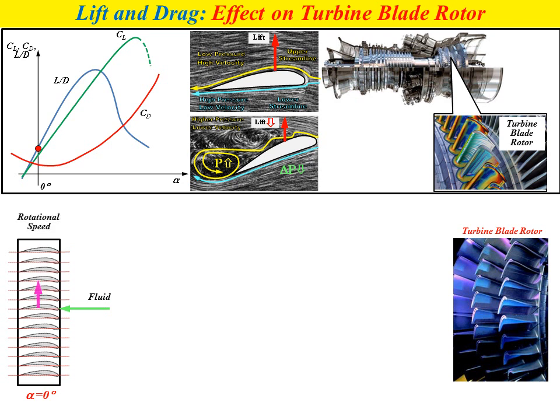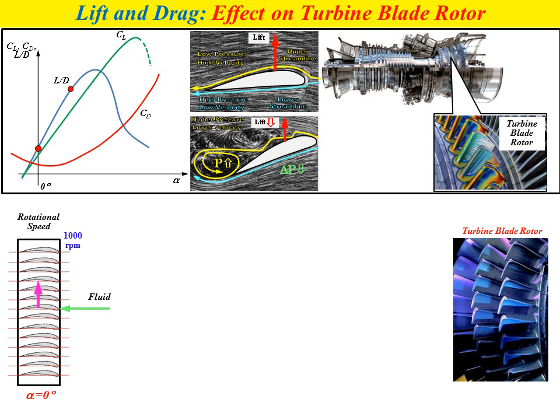So if you refer to the value of L over D, at this condition we will have an effective value of lift force. Due to this lift force, the rotor will rotate at a specific rotational speed, let's say at 1000 rpm.